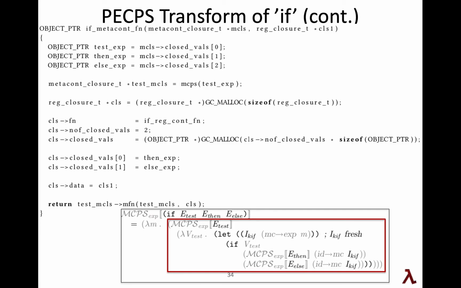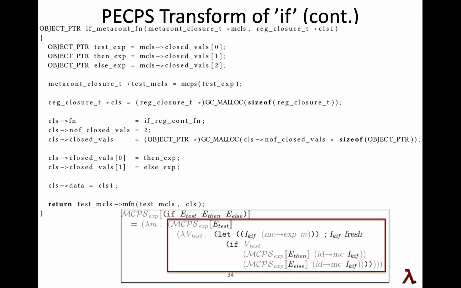if_metacont_fn is shown here, and the code corresponds to the highlighted portion in red. What this function does is extract the closed values corresponding to the test, then, and the else clauses from the first parameter passed to it, and it then transforms the test clause into the corresponding big M closure and invokes this closure on a continuation which it builds, which is the small M continuation.